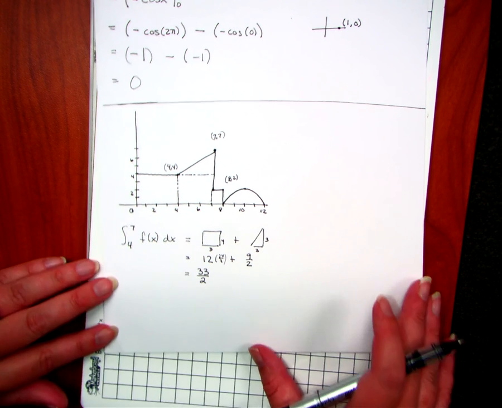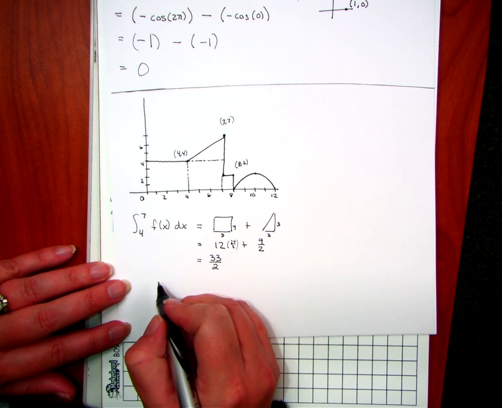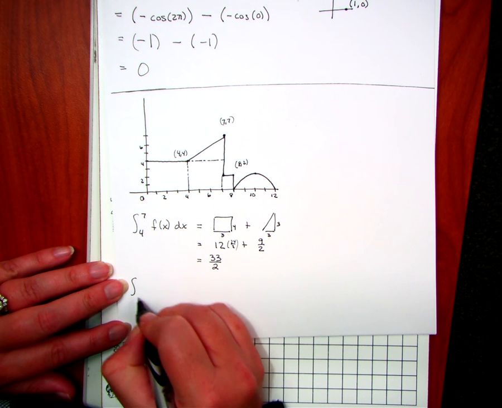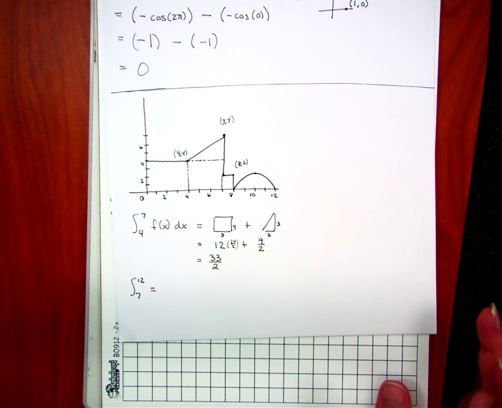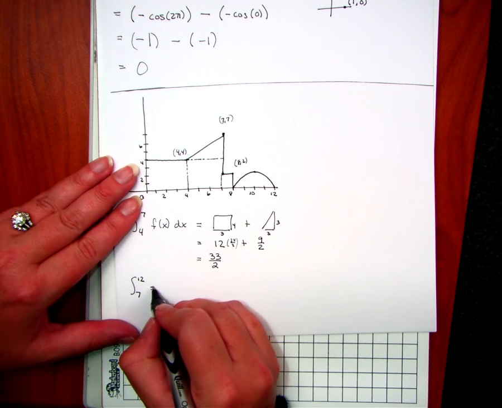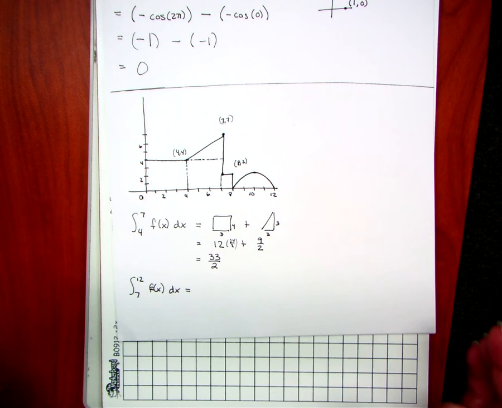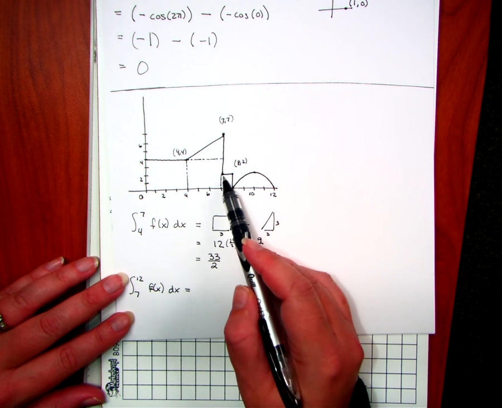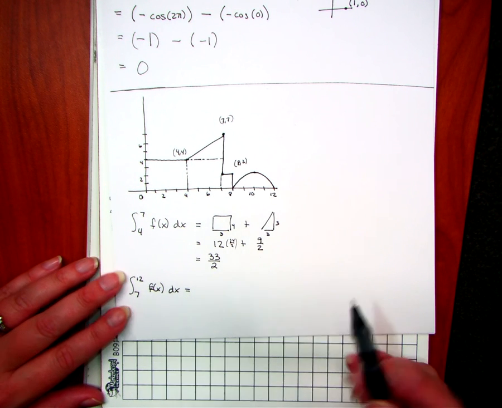So then let's go ahead and find the area from 7 to 12. Oops, good grief. From 7 to 12 of f of x dx. All right, so the area from 7 to 12 is the area of this small rectangle and this half circle.